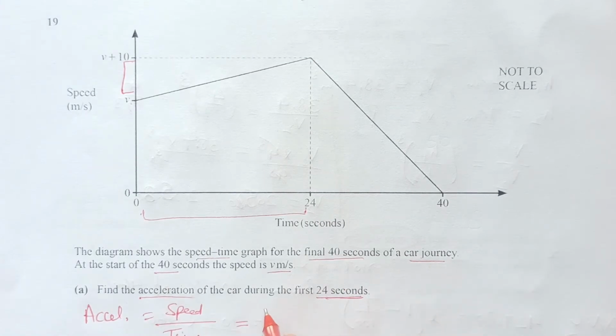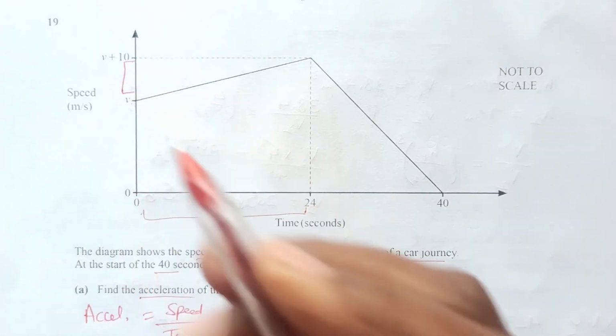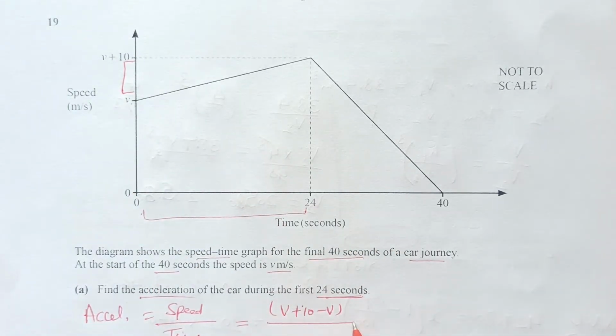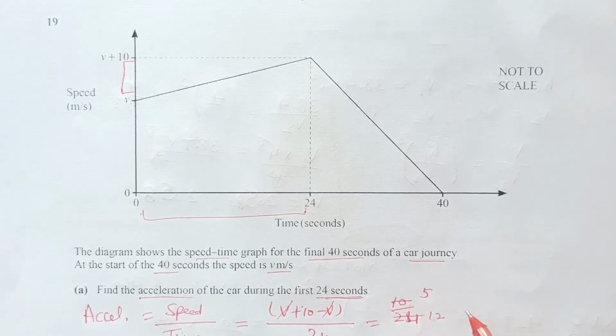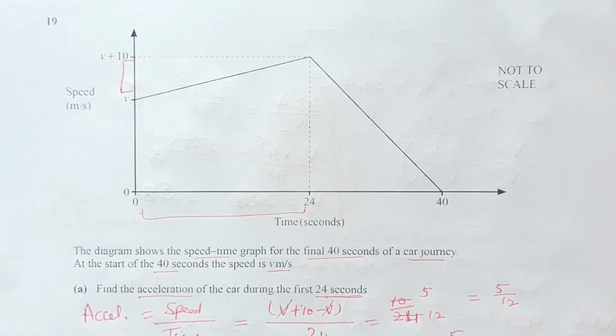So the change in speed is v plus 10 minus v, over time 24. The v cancels, giving 10 over 24. We can simplify, 2 times 5, so 5 over 12 meters per second squared.